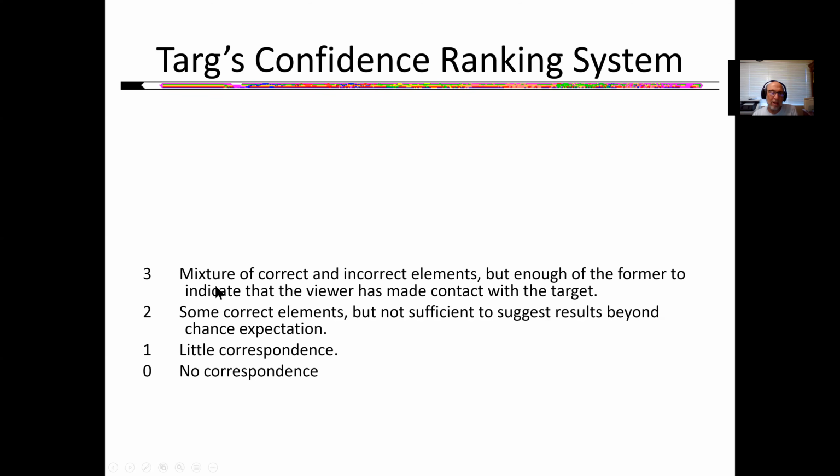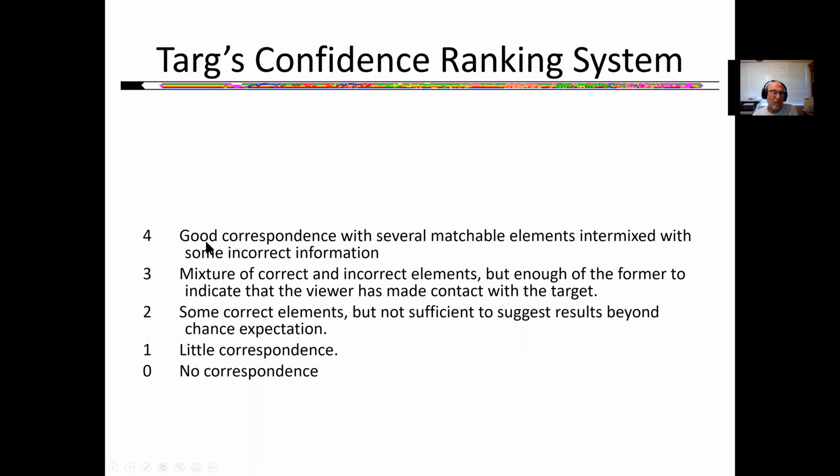Yeah, maybe I use psychic stuff, but right on the margin. A 4 is good. Notice the words keep getting stronger and stronger. Good correspondence with several matchable elements intermixed with some incorrect information. There's always some incorrect information around.